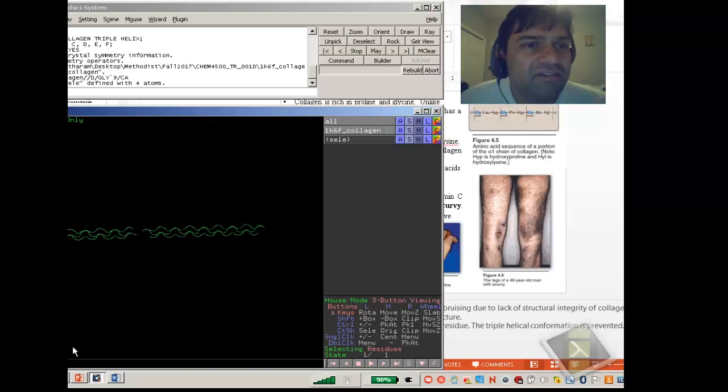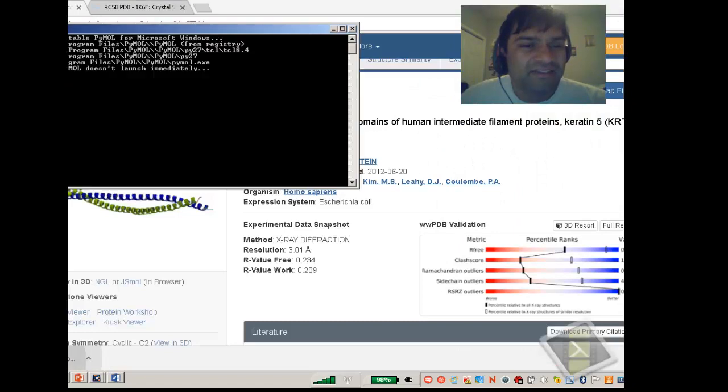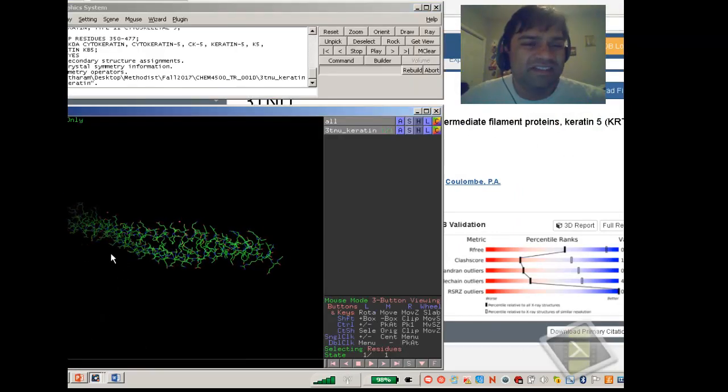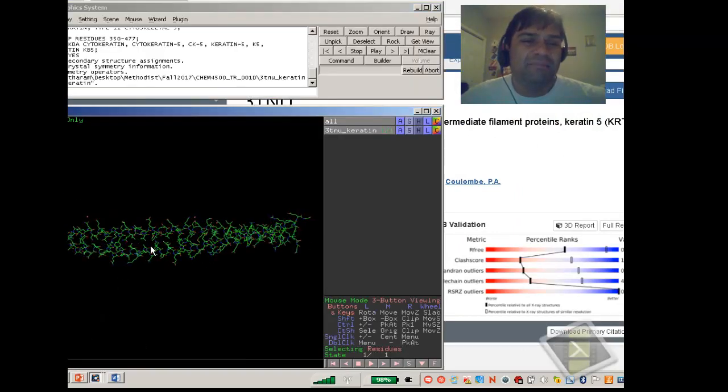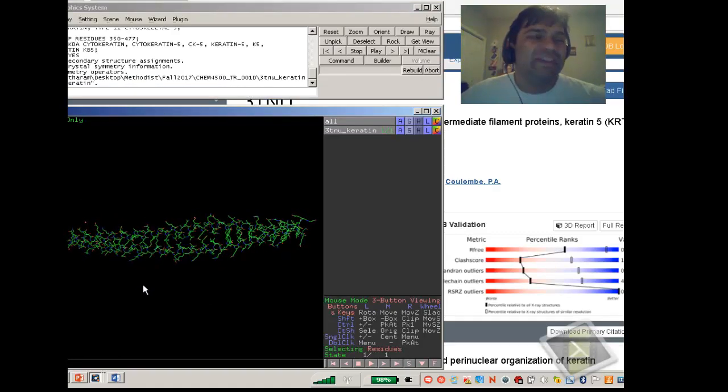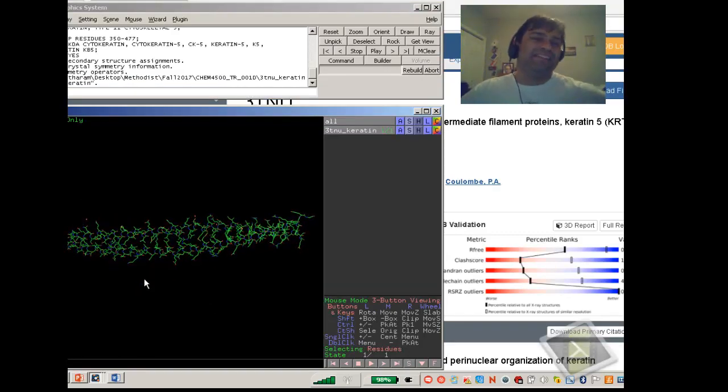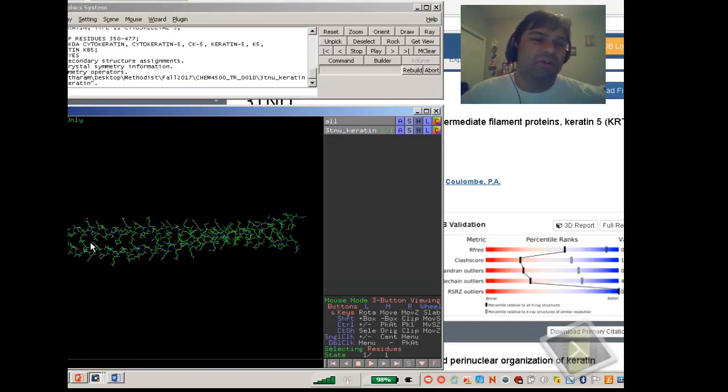See the crystal structure of keratin. Keratin, along with collagen, are really hard to make. There's a big move to actually synthesize these, but for now you only get synthetic peptides or synthetic segments of collagen or keratin.